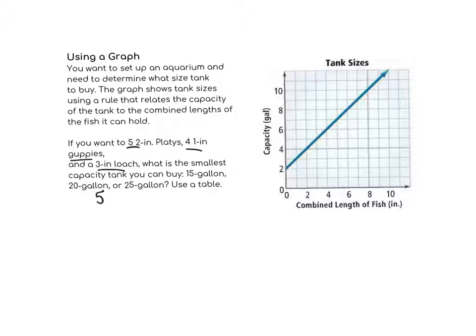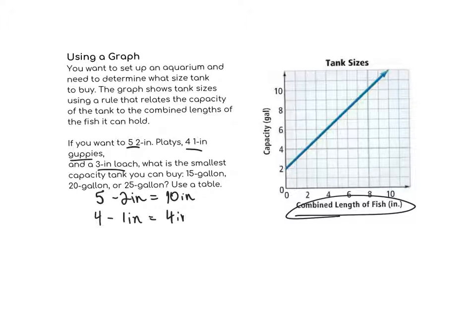So I need to know the combined length of the fish. If I have 5 at 2 inches, I know I have 10 total inches, right? And if I have 4 1-inch, that one's not bad, right?